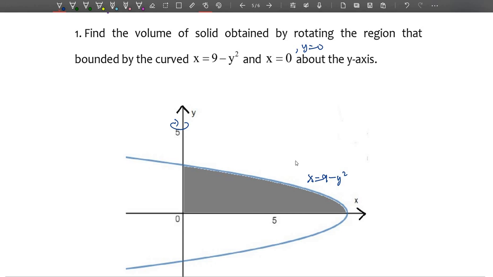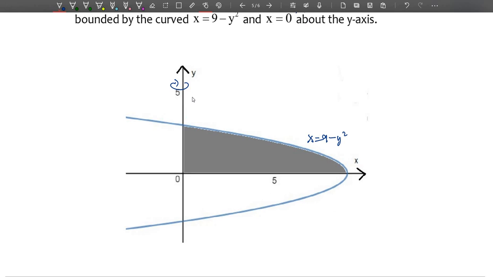Since it is rotated about the y-axis, this is the axis of rotation. From the axis of rotation to the farthest away of the region bounded, this is your r, and your r is horizontal. We know that V should be pi times the integral with respect to y, from y1 to y2.